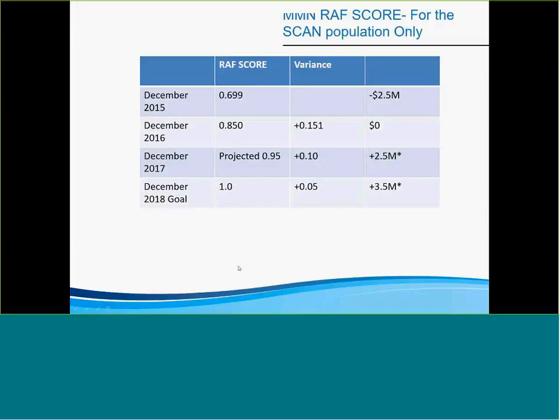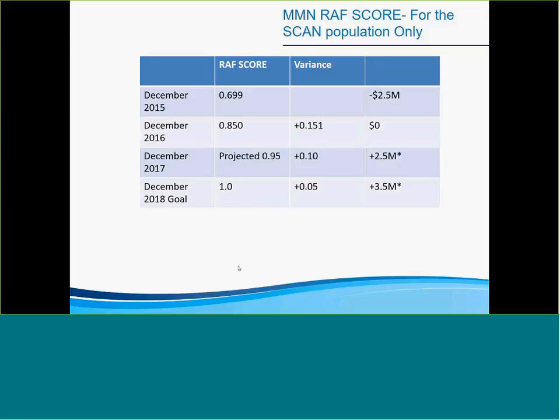So Meritage is done. In 2015, we started the program with our RAF score of 0.69 at $2.5 million on our 5,000 scanned patients. Not sustainable. We started the program in 2016. We broke even by raising the RAF score to 0.85. We were moderately happy.